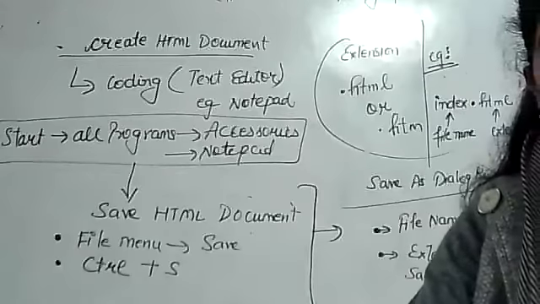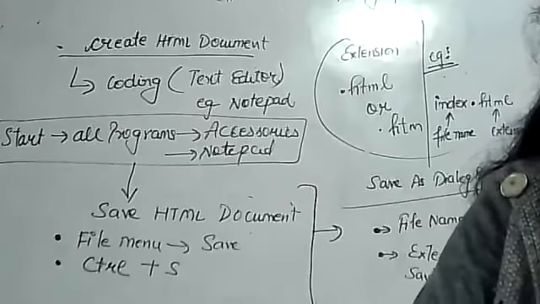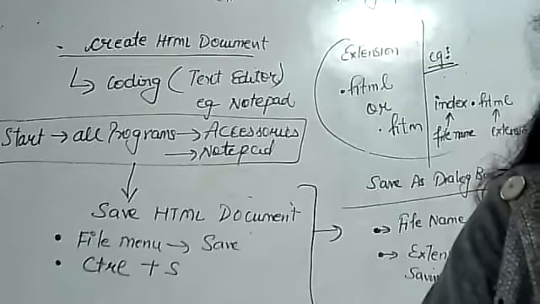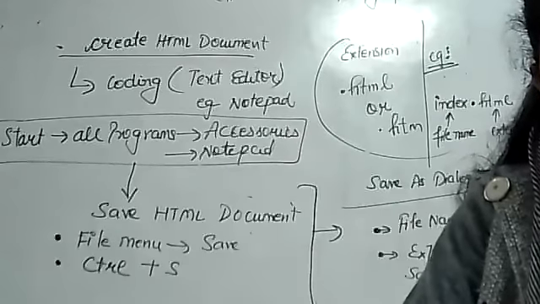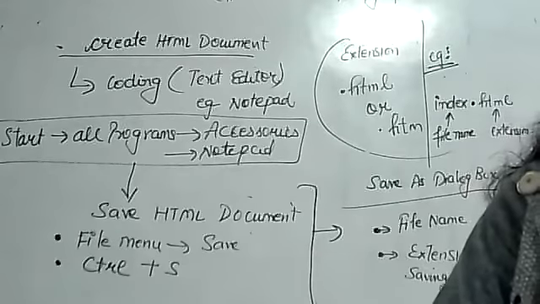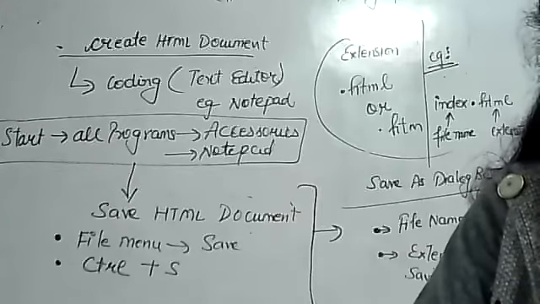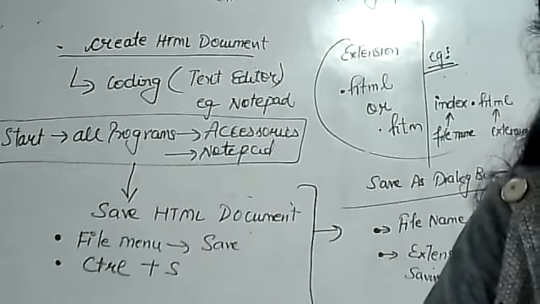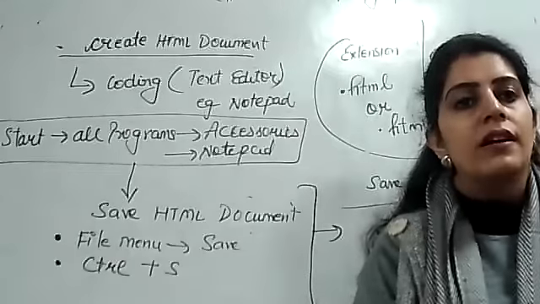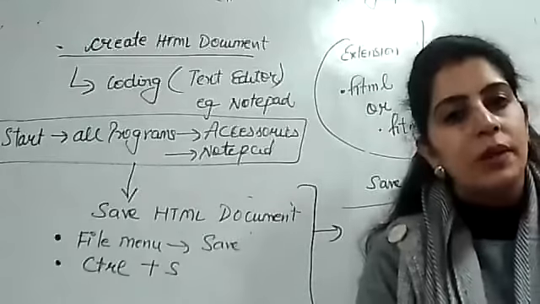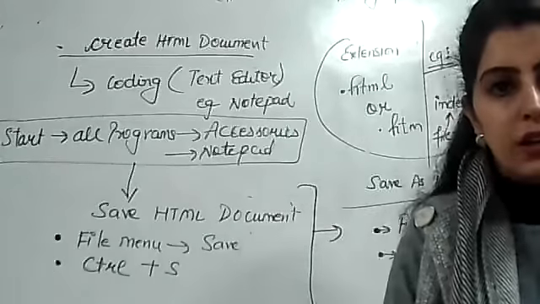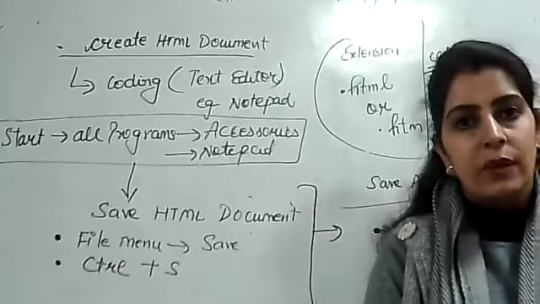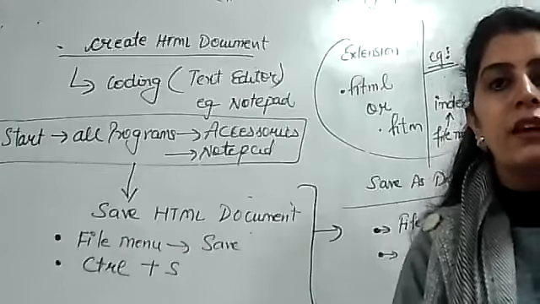What are container tags, empty tags, formatting tags, structural tags? Structural tags are helpful in making the structure of the document. Formatting tags are used for formatting. Empty tags require only an opening tag. Container tags require both opening as well as closing tag. Then we did the structure of HTML document. तो structure में क्या आता है?